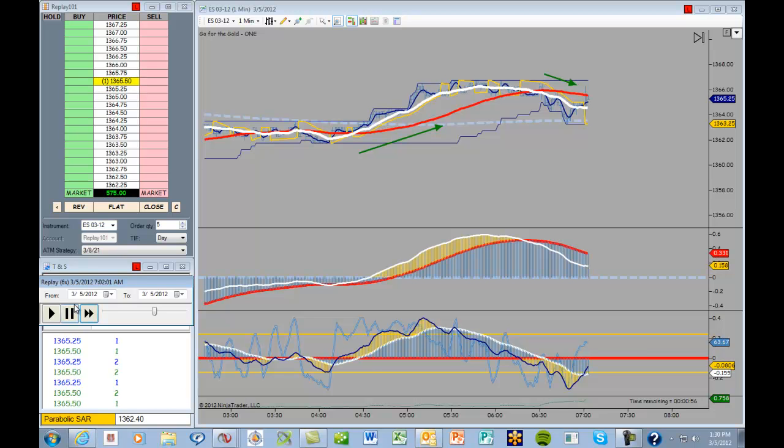Let's see how far it goes, though. It does make a new high. Notice the white, though. It's very much under the red, as is this.